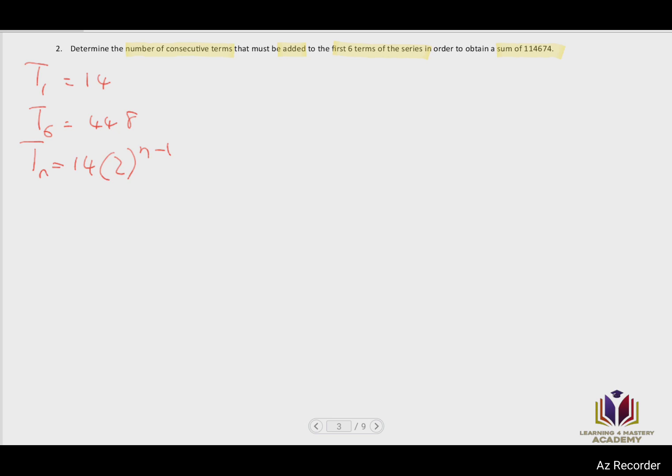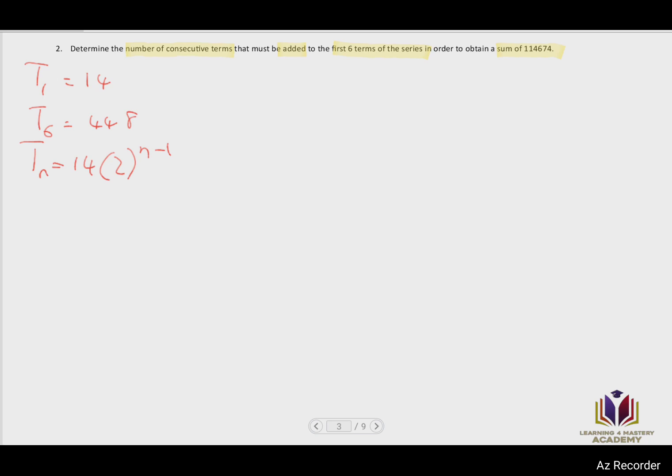Now the question is, what is the number? What's that number of consecutive terms that has been added? Okay, not the sum of the consecutive terms, the number. How many numbers had to be added to the first 6 terms to obtain 114,674? I hope you understand.